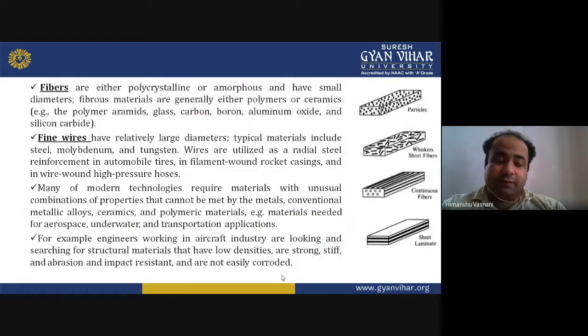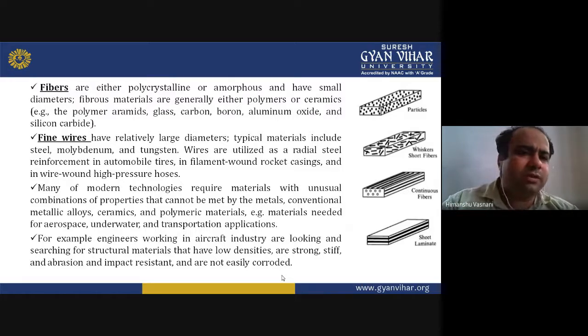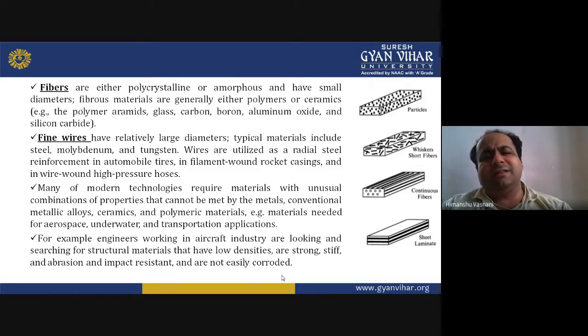Now, the fibers are also very important. Fibers are either polycrystalline or amorphous and have small diameters. Fibrous materials are generally either polymers or ceramics. Examples: the polymer aramids, the glass, the carbon, boron, aluminum oxide, and silicon carbide.